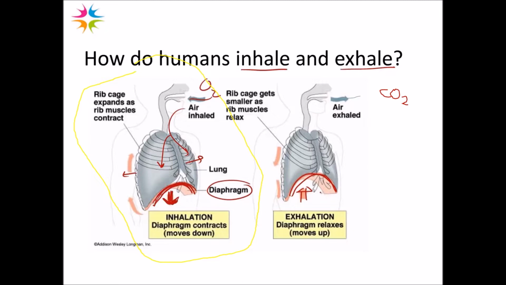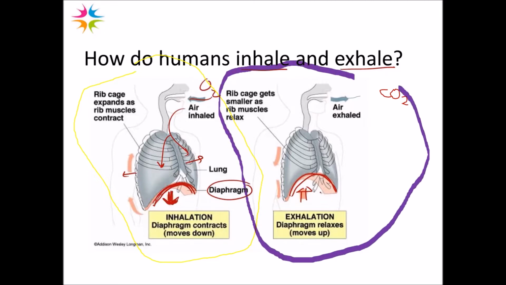Let's use a different color for exhalation. So, what happens when you exhale? The muscles between your ribs relax. The muscles between your ribs are called intercostal muscles. So they relax and pull your rib cage down and in.